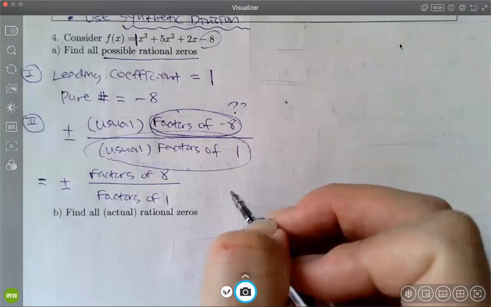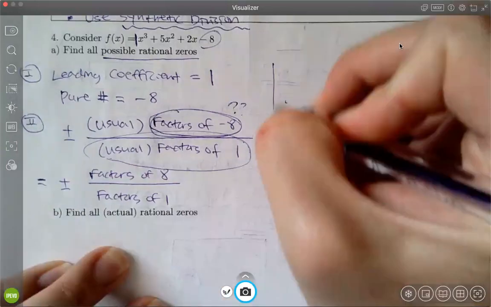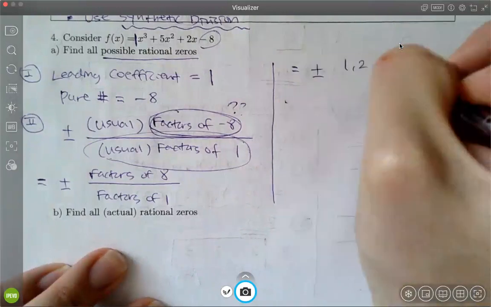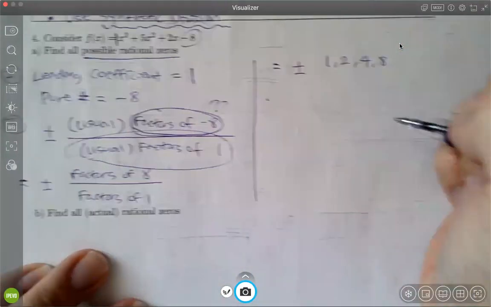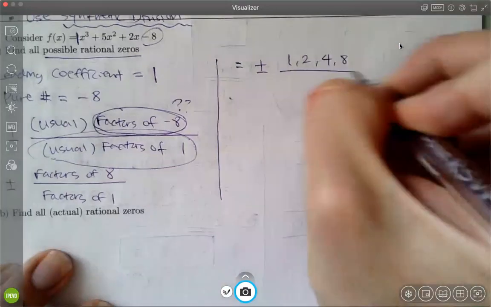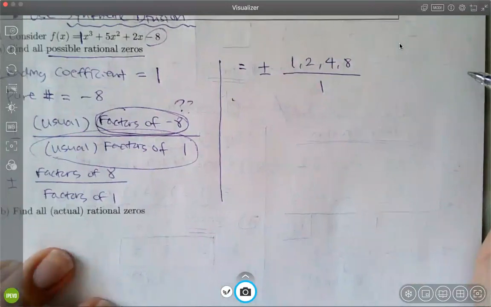Okay, so what are the factors of 8 then? We have 1, 2, 4, 8, right? Okay, and then factors of 1. It's just 1, right? Okay, now here comes another tricky part. What does this fraction mean?